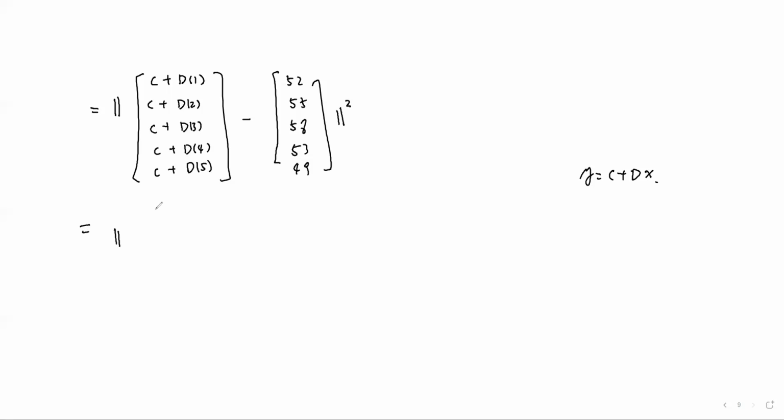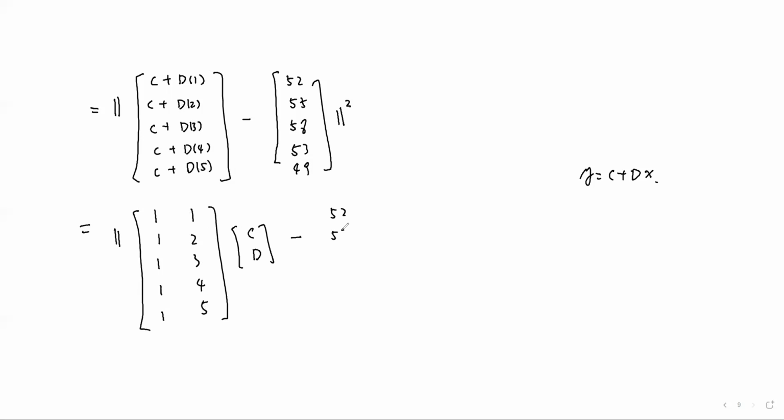Which matrix? 1, 1, 1, 2, 1, 3, 1, 4, 1, 5. This matrix times the unknown C, D, is this. Then minus the data, length, then square.